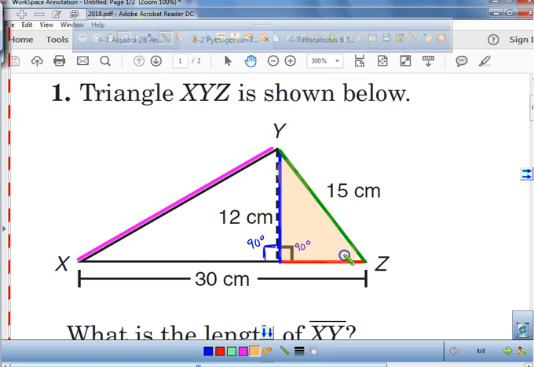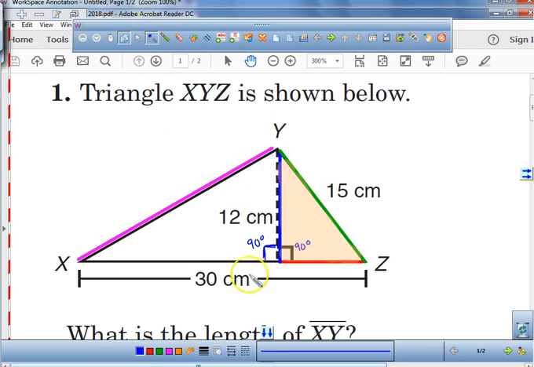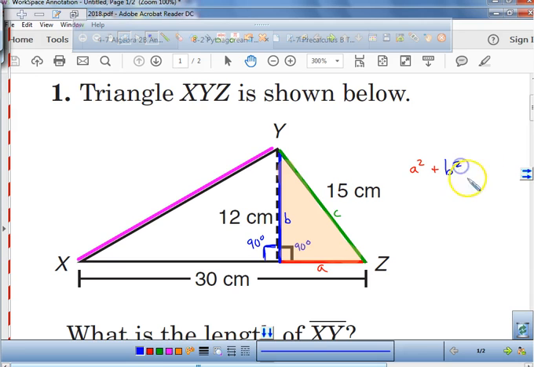Okay? And yesterday, we learned that if we take a side, we'll call this lowercase a, we'll call this lowercase b, and we'll call this lowercase c. If we have this side and this side, we learned that if we take that side and make it into a square, and we add the length of the other leg made into a square, that's always going to equal our hypotenuse made into a square.